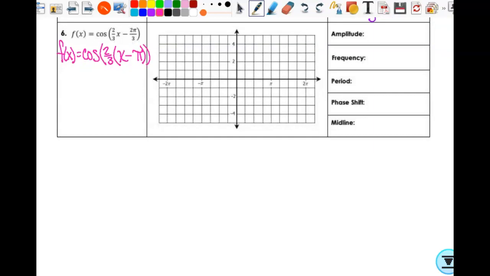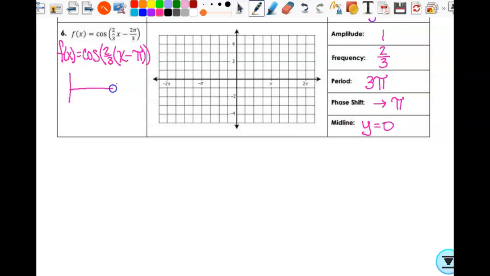So my amplitude here is? Amplitude is 1. Yeah, you're good. You're ahead of me. All right, frequency is 2/3. All right, so then what's the period? Three pi, because it would be 6 pi over 2, which is 3 pi. Phase shift, I'm going to the right, how much? Pi, because after I factored out, right? Midline, y equals 0.